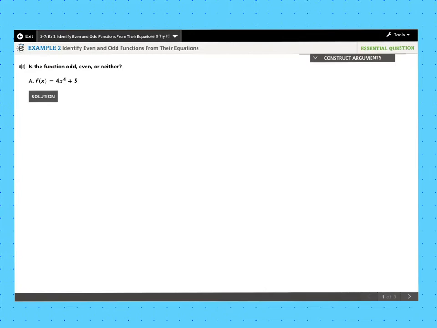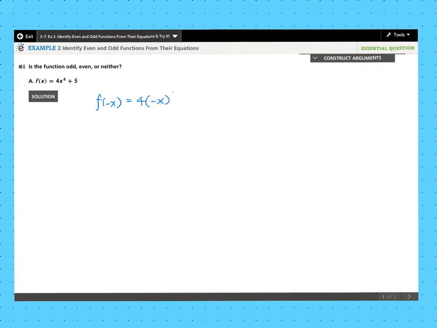Okay? Here is something very similar, but this time we do it algebraically. It's asking you whether this function is odd, even, or neither. I usually have a picture in my head, if you're like me and like to think in terms of graphs. So I'm going to find out if my f of x is the same as my f of negative x or not.